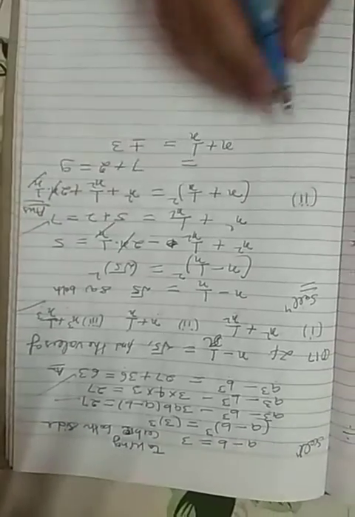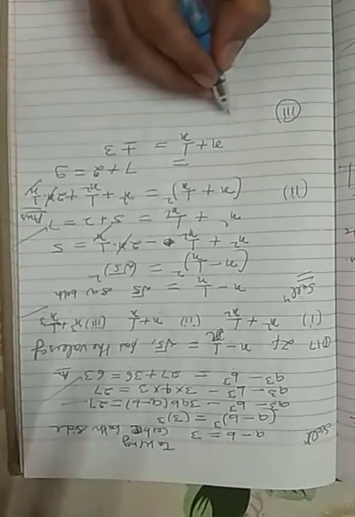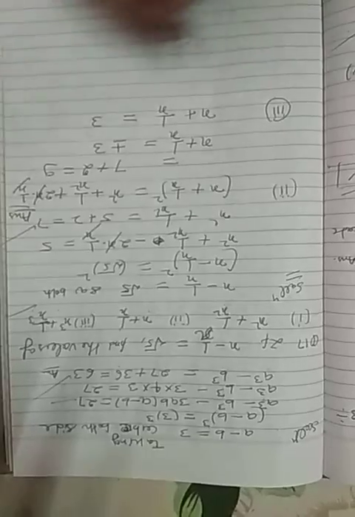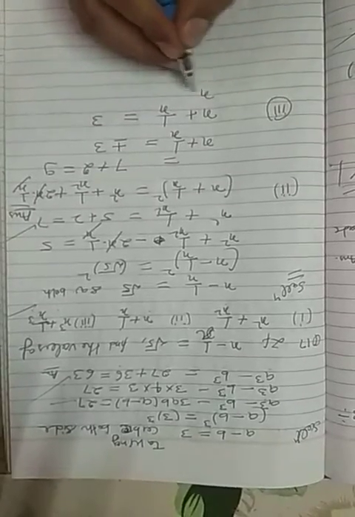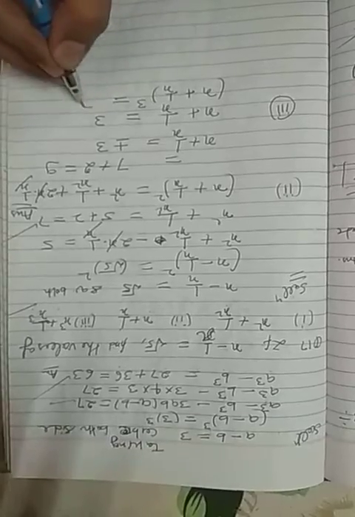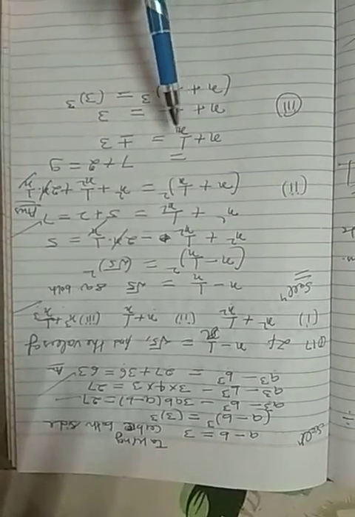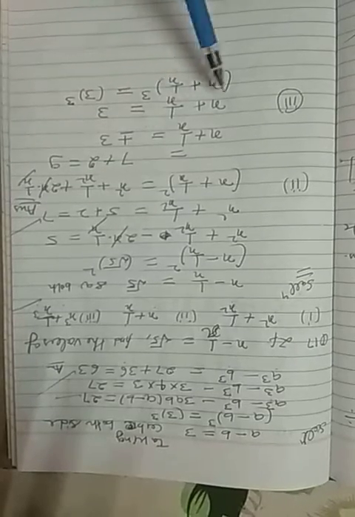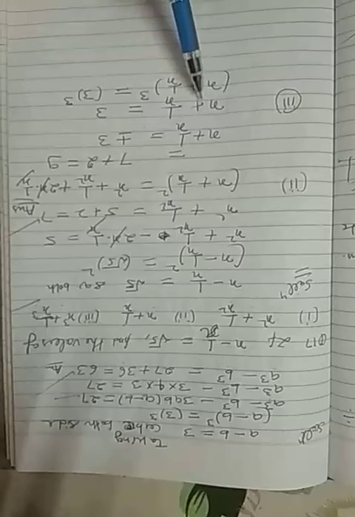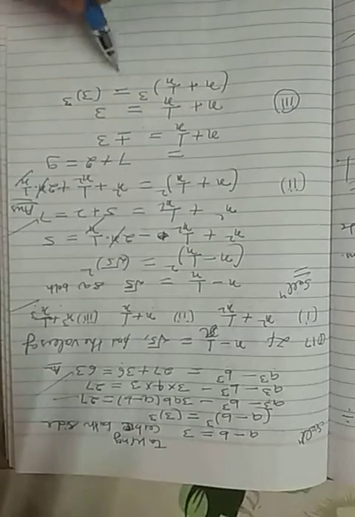In the next part, find the value of x³ + 1/x³. We proceed from the second part, where x + 1/x is given as 3. Now cube both sides. If we have a sum of two numbers and one number is the reciprocal of the other, in that case you simply cube both sides.